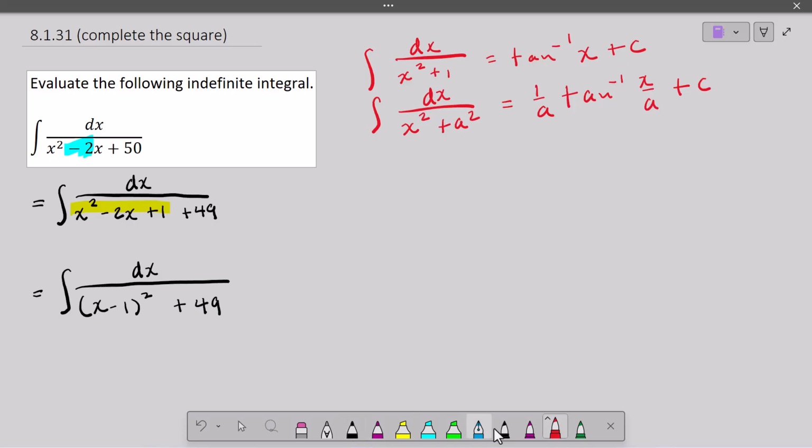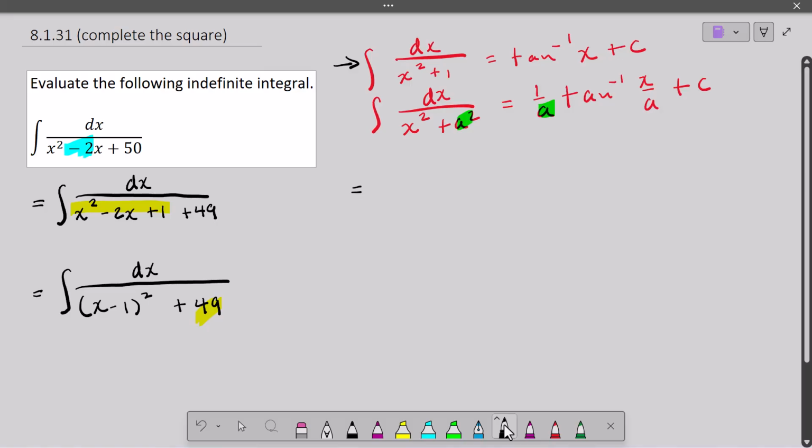What I like to do is factor out the 49 and go with this original, that basic inverse tangent integral. It's a little easier to remember the basic inverse tangent integrals instead of always trying to remember what you do with the a. It's a little different for inverse sine and inverse secant. And so what I'd like to do is just remember the 3 basic ones and just convert the 49 into a 1 by doing a little bit of algebra.